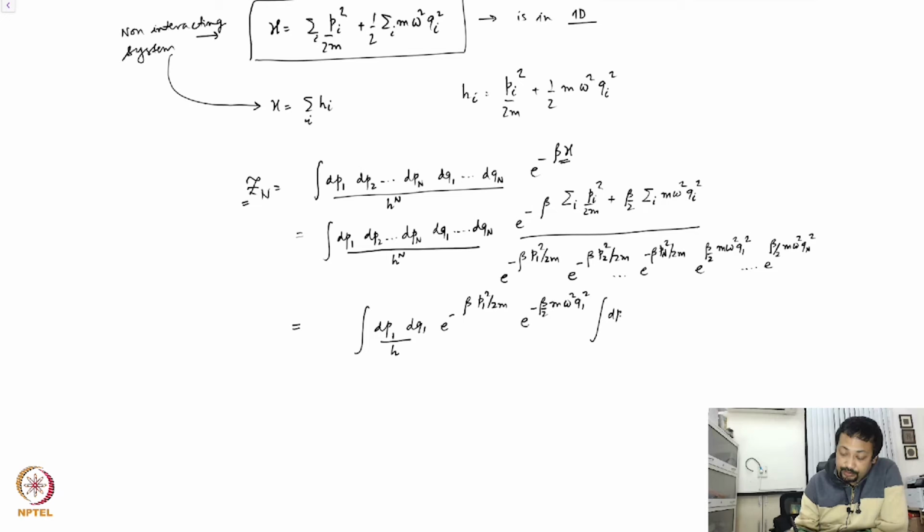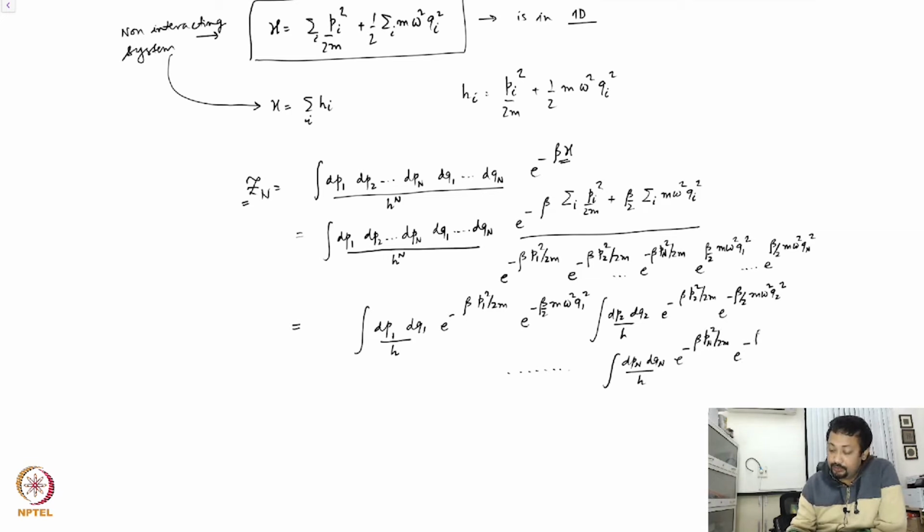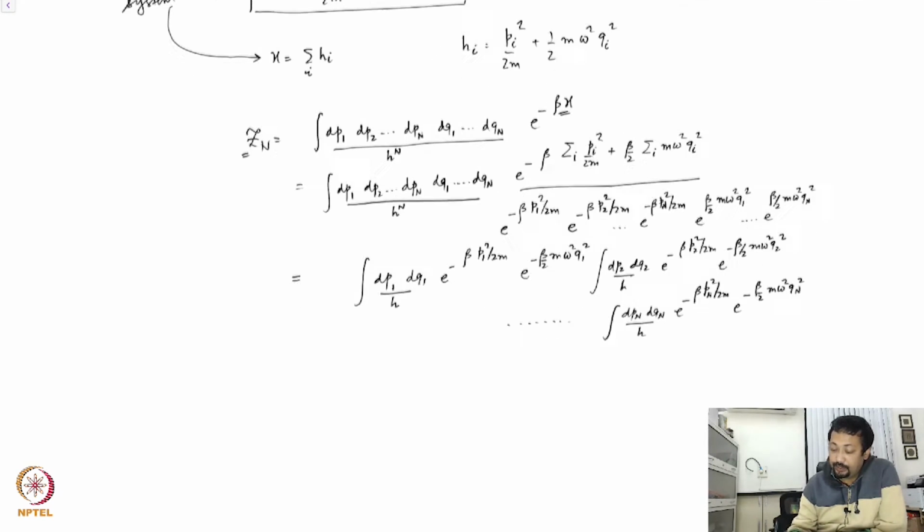Then I have dp2 dq2 over h e to the power minus beta p2 squared over 2m e to the power minus beta by 2 m omega squared q2 squared, so on and so forth, all the way finally to dpn dqn over h e to the power minus beta pn squared over 2m e to the power minus beta by 2 m omega squared qn squared.